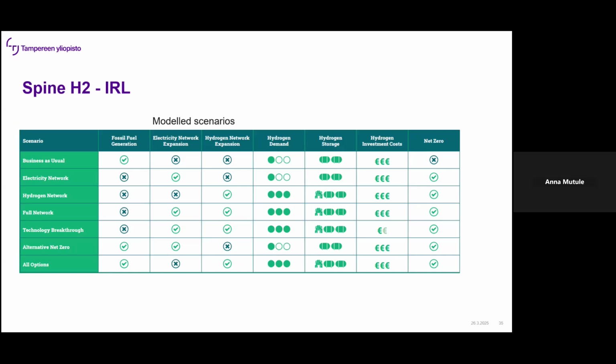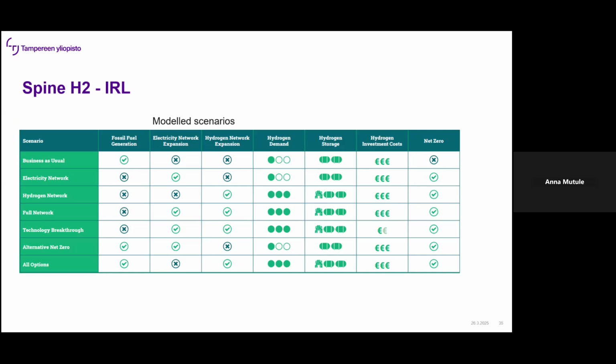The business as usual scenario is cost driven with no emission constraints. The rest are net zero with varying assumptions of hydrogen availability, storage, and infrastructure.